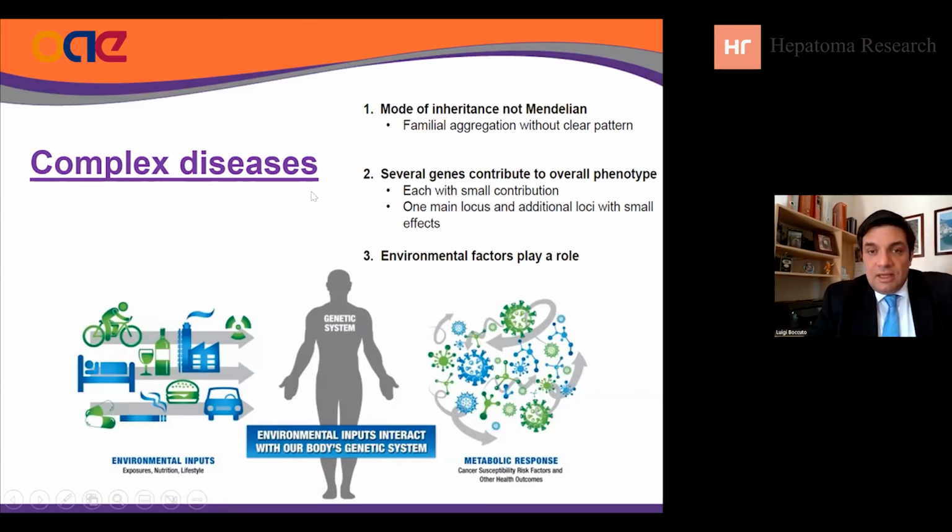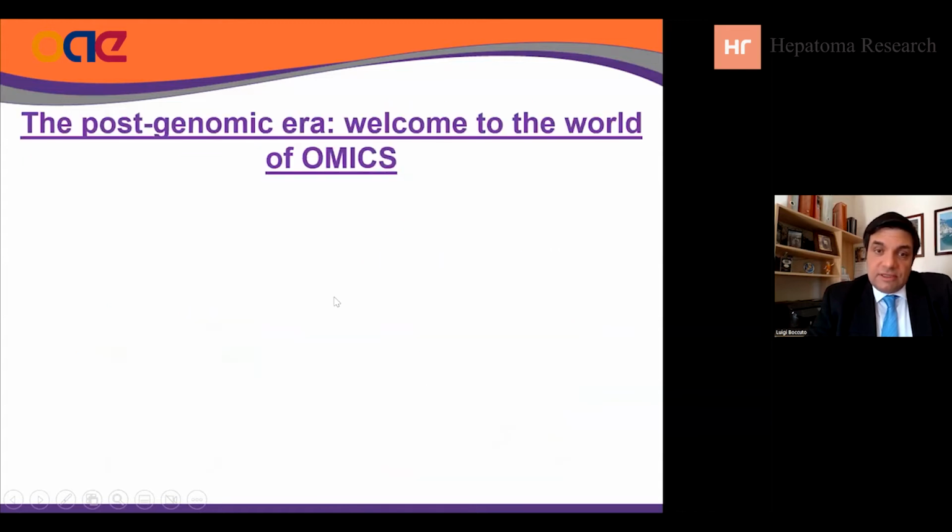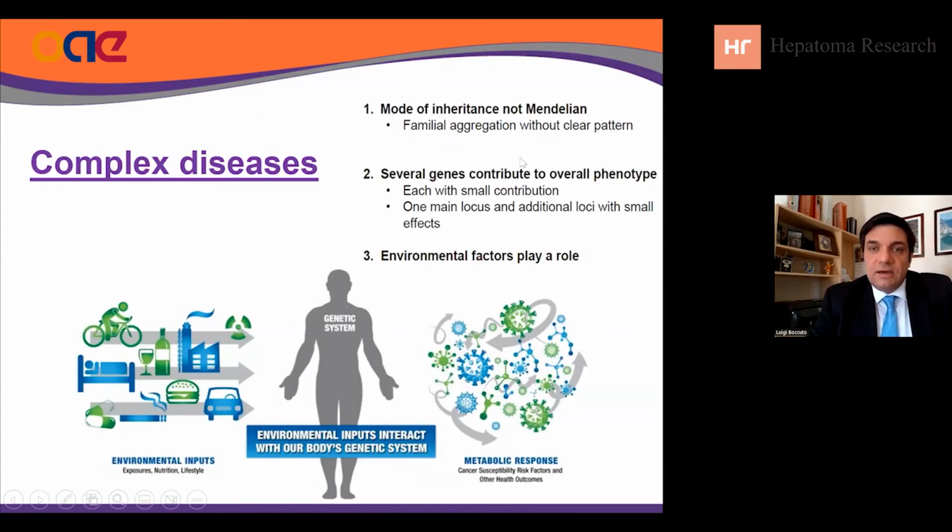The other point is that even if there is a genetic component, it is quite often not monogenic. So there are several genes involved that contribute to the overall phenotype.